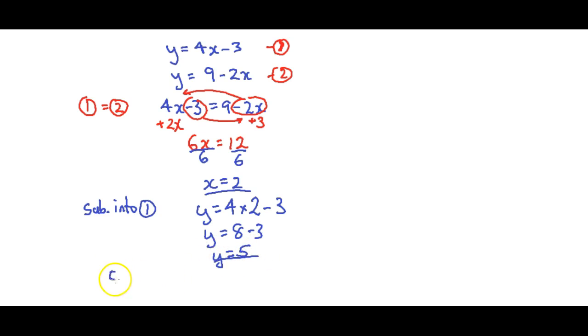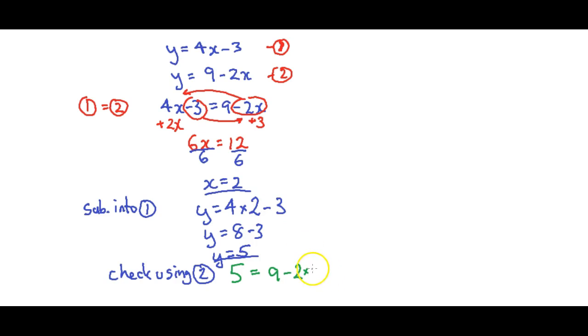Now before we can write this for sure, we can check using the equation that we didn't use before. I used equation 1 to get y, so I'm going to use equation 2 to check my answer. So if I take my equation 2, y equals 9 minus 2x, replace y with 5, equals 9 minus 2 times x.